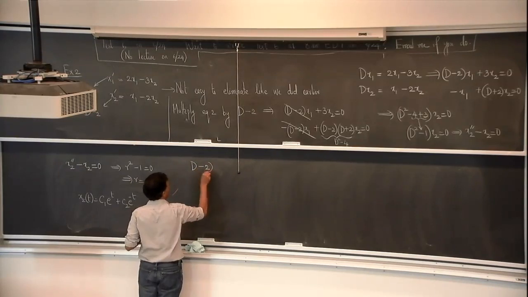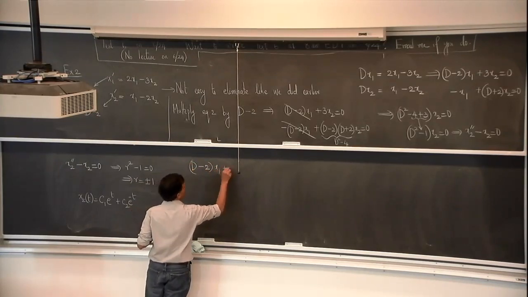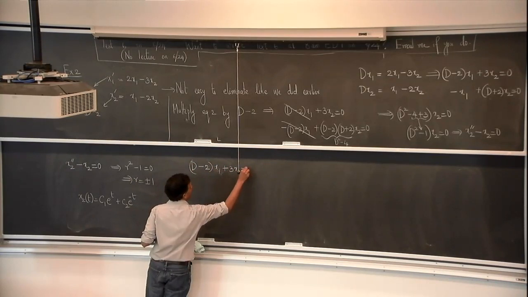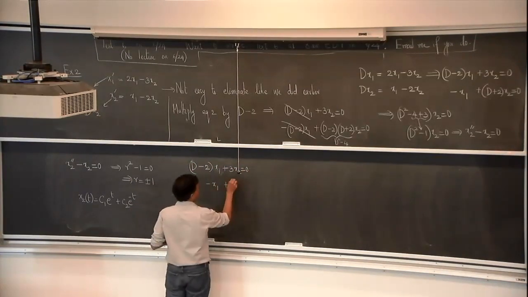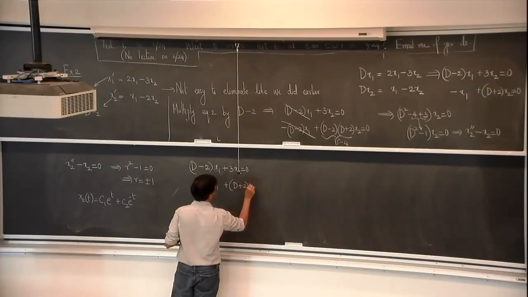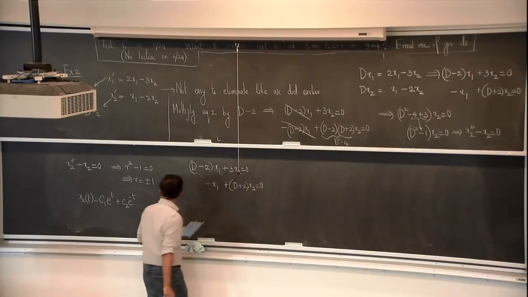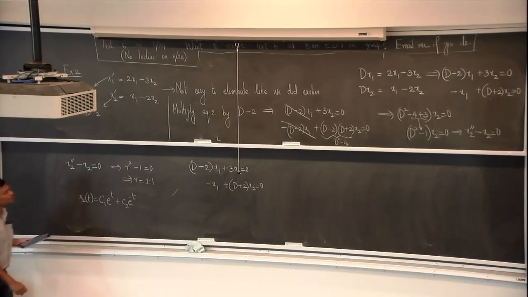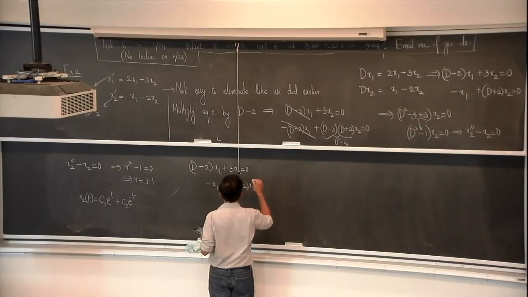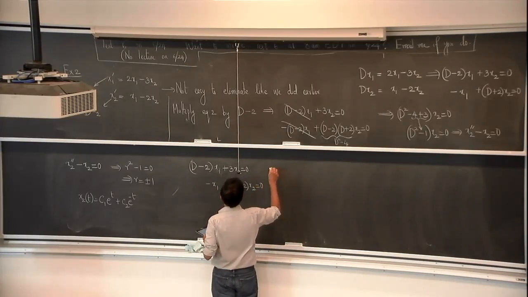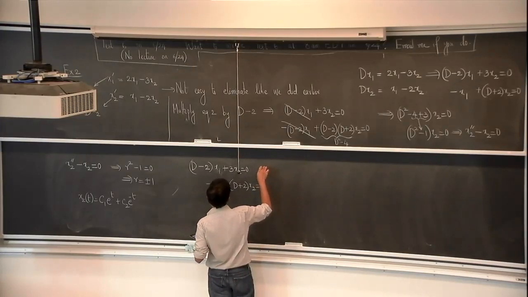This is what you had: D minus 2 x1 plus 3x2 equal to 0, and negative x1 plus D plus 2 x2 equal to 0. We found x2. Now we need to find x1. So I'll do something similar. You can multiply the first equation by D plus 2.